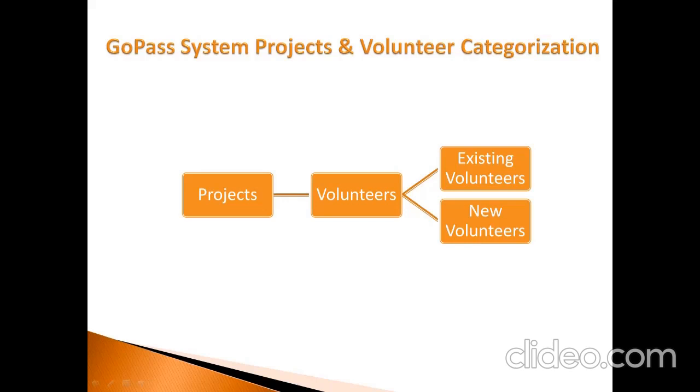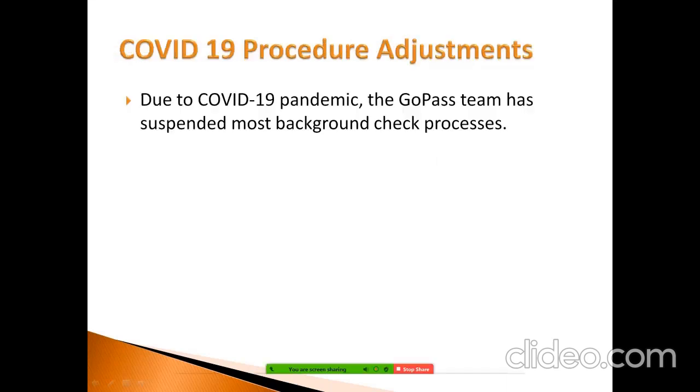So if a volunteer does not have a photo on their profile, then you know that they have not been cleared specifically for GoPass. As we move through this training, I will show you an example of a volunteer's profile page a little bit later, so you know how to identify this. In the next section, we will dive into more specific information about volunteers.